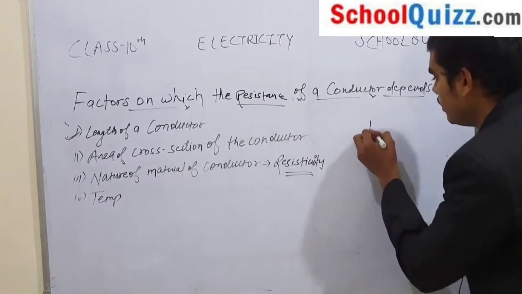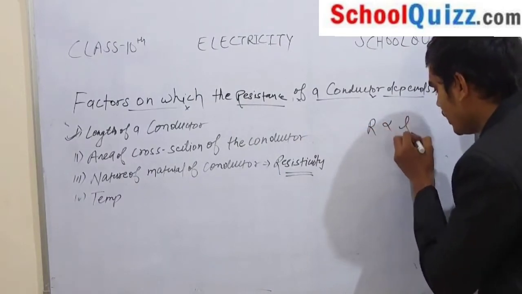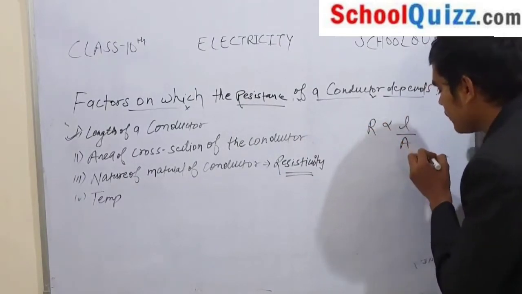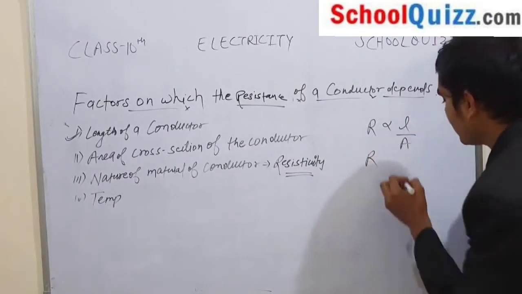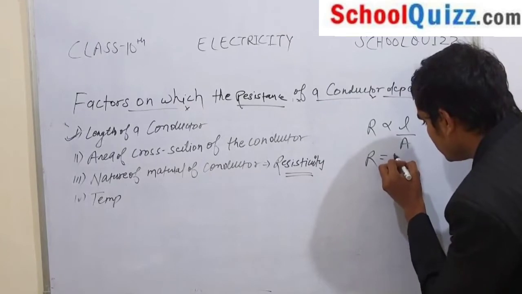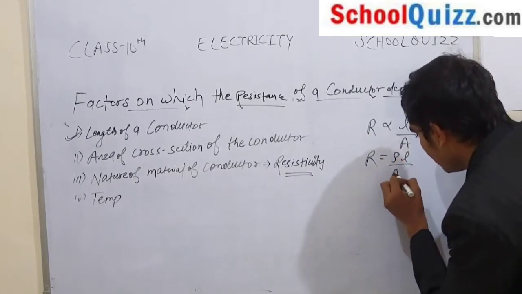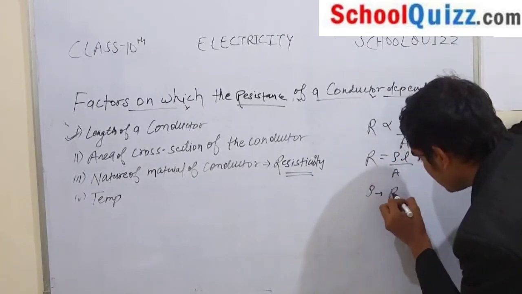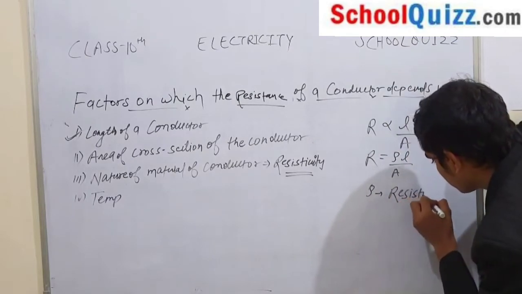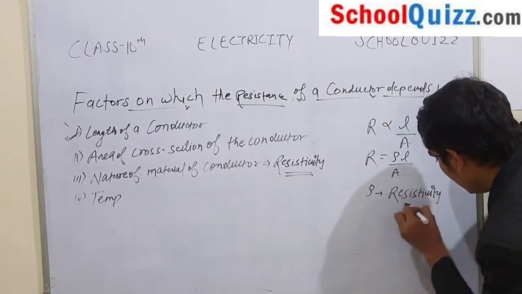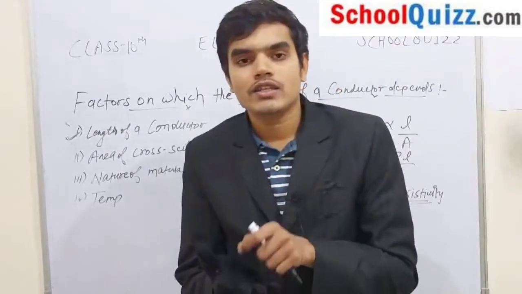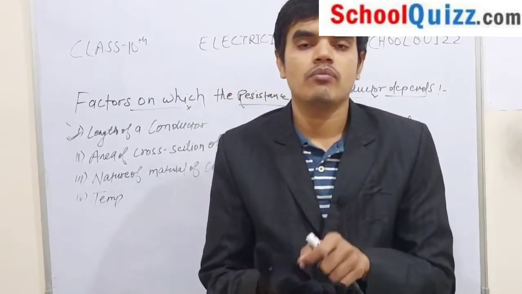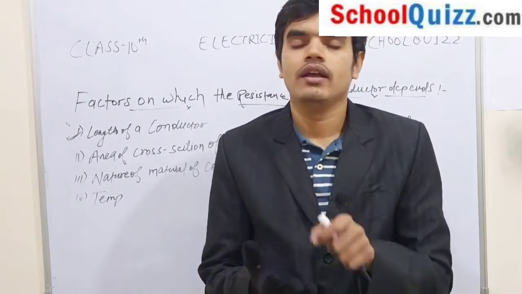We know that R is directly proportional to L and inversely proportional to A. Now we remove this proportionality and bring in a constant, that is rho, so R equals rho L by A. And what is rho here? This is resistivity. Resistivity is a natural property of a conductor or material.